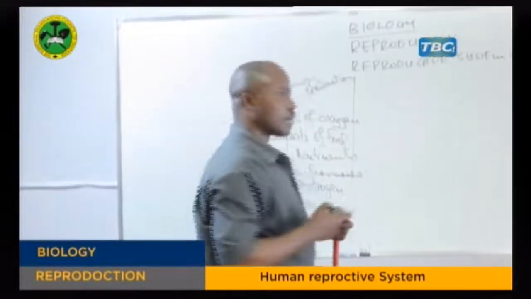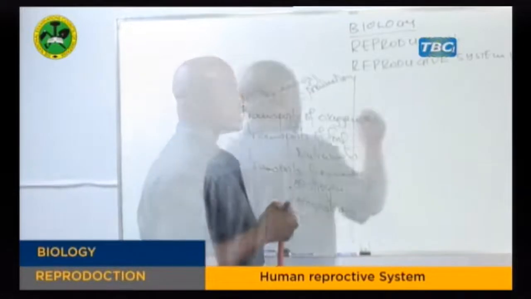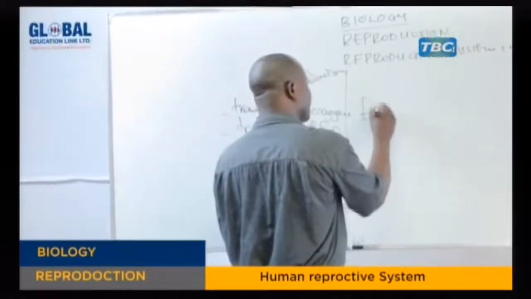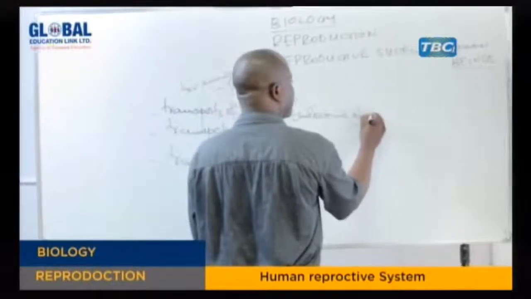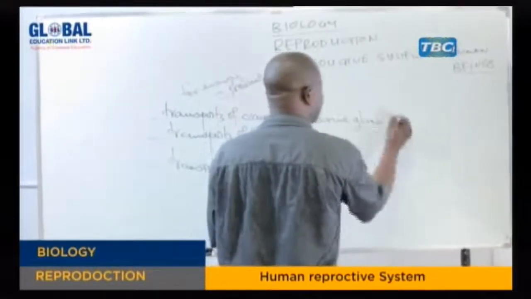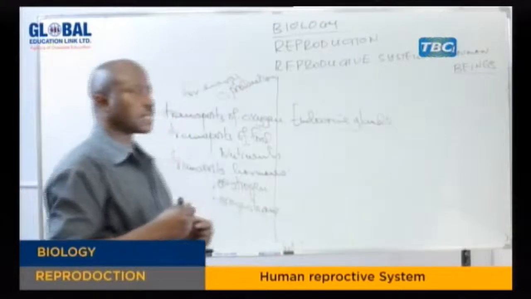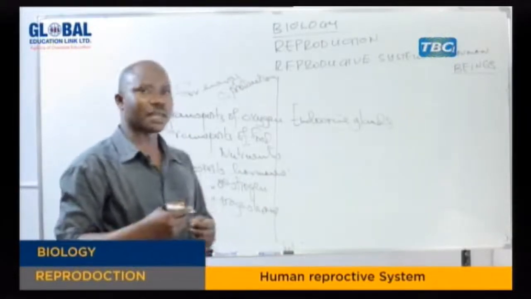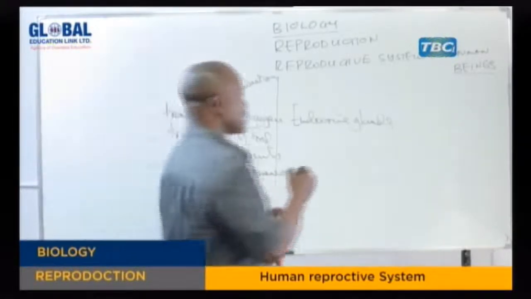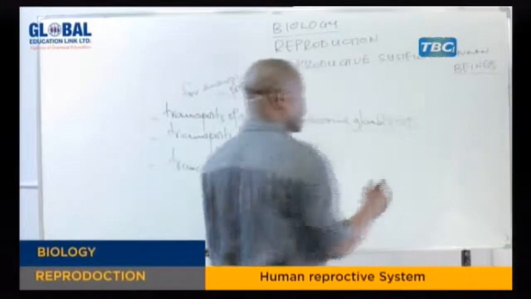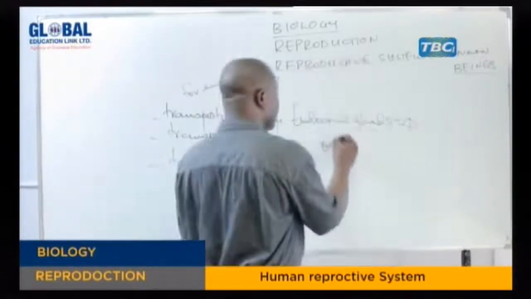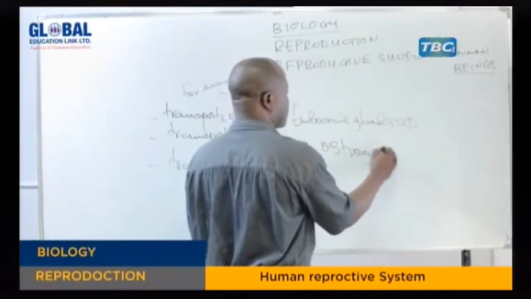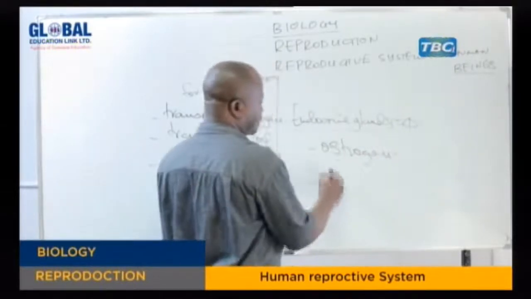But also the question wants you to explain the function of the endocrine glands. The female reproductive system is also an endocrine gland. Here, as we said, the ovary has cells that produce 2 hormones, estrogen and the progesterone.